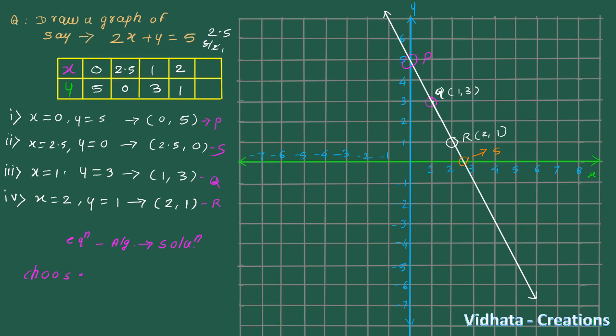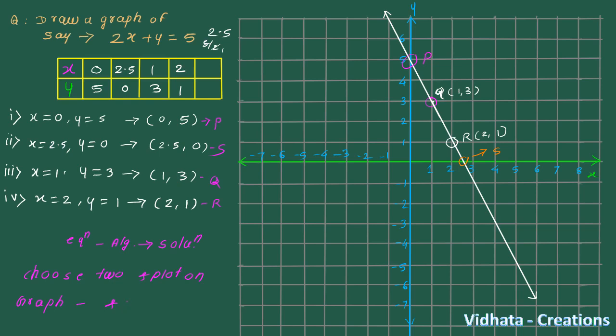Plot them on the graph and draw the line passing through these 2 points.